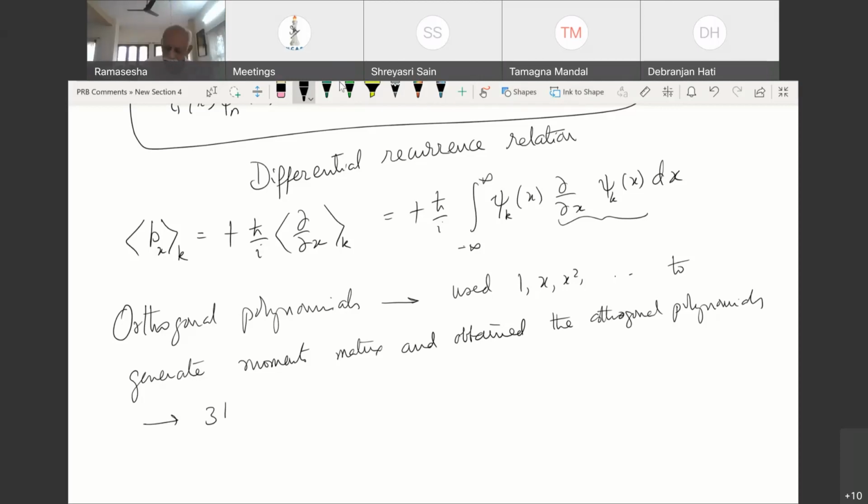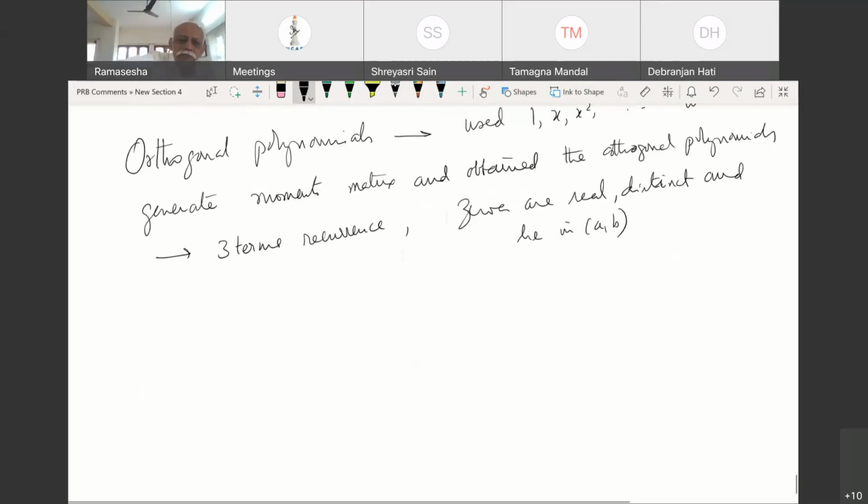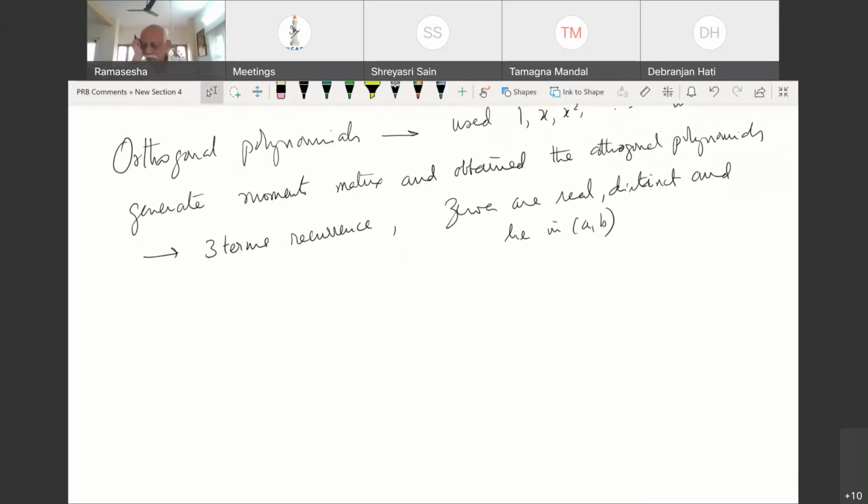The roots are real, distinct, and lie in the interval. First of all, we started by showing how functions are just generalizations of vectors.